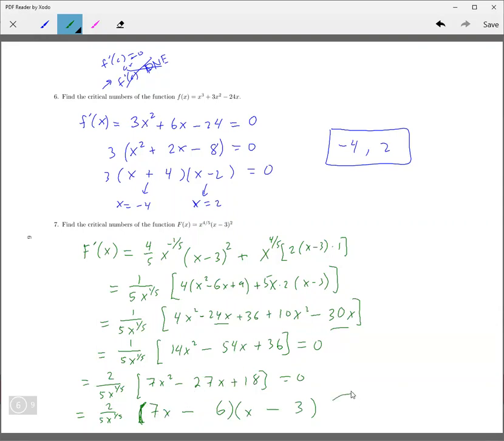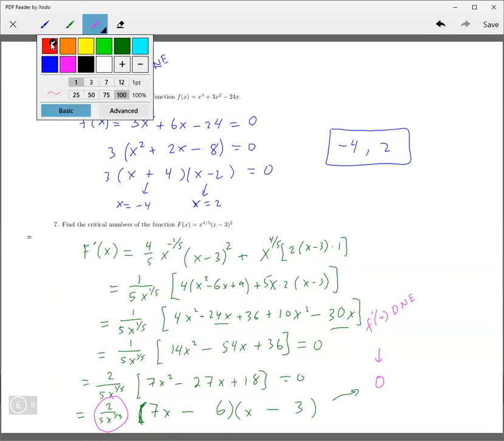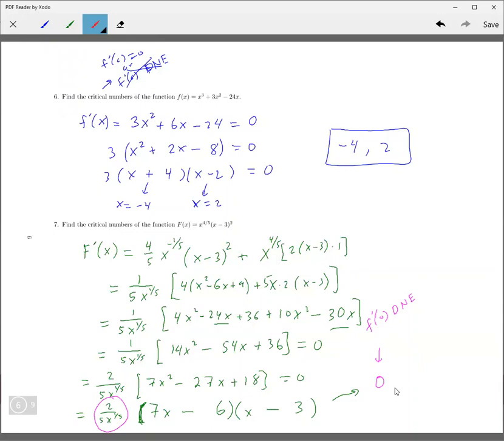Now we can write down the critical numbers. Because this is in the denominator, 0 is a critical number, because 0 gives you a 0 in the denominator, so this derivative doesn't exist. Then the other two are here.